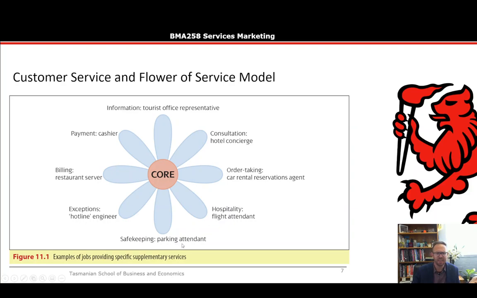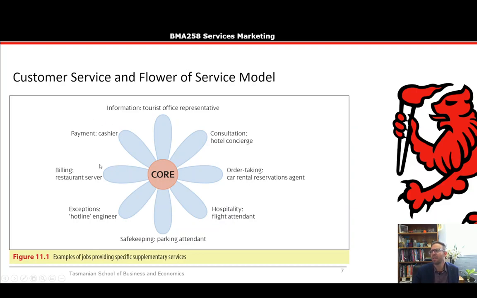Safekeeping, so parking attendants. Exceptions, so like hotline engineer, so when you ring up for your internet and something's gone wrong, the people that sort that stuff out. Billing, restaurant server, and then payments such as the cashiers or the checkout staff at the retail outlets and stuff like that.